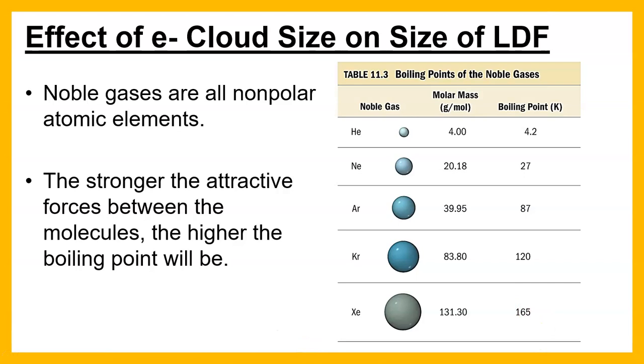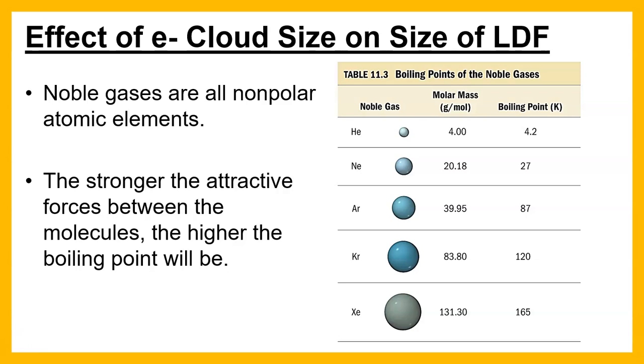It gets higher, doesn't it? Because you're getting more London force. So the xenon atoms will have more moments and stronger moments where their electrons are imbalanced and they are slightly attracted to each other compared to something like helium.